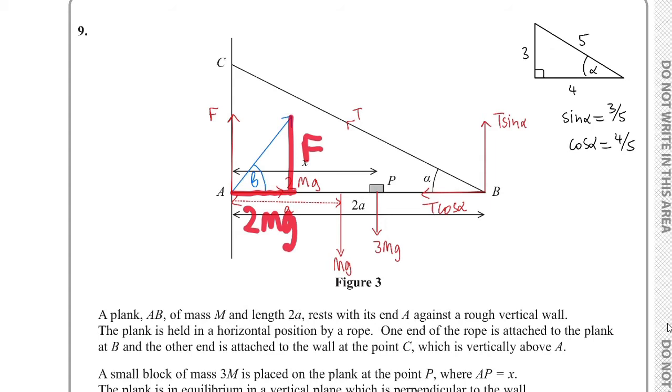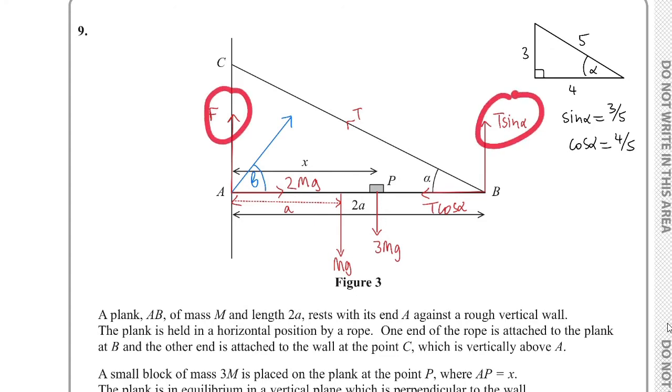So in order to find F, we need to consider the vertical and horizontal forces. We've got vertically T sine alpha and F, and downwards is mg and 3 mg.